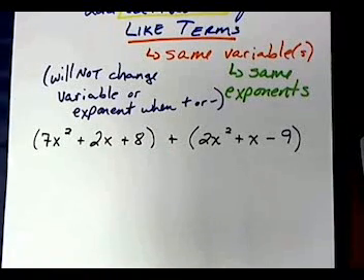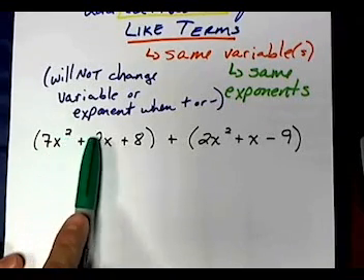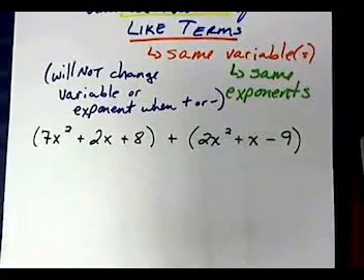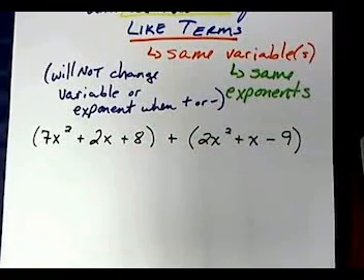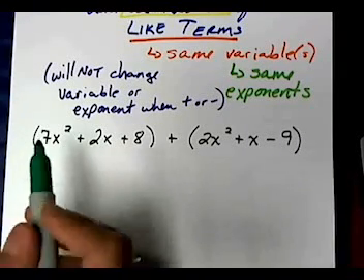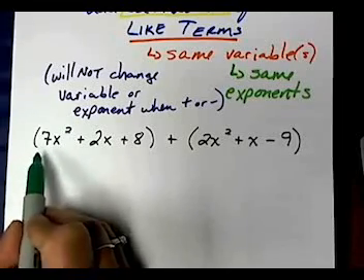So because I know my answer needs to be in standard form, which is the highest exponent first, what I do first is I scan all my exponents and look for the largest one. I see I have an x squared and an x squared. There's nothing higher than that. So x squared is my highest exponent, so that's going to be the first term. So now I go through and use different colors and different ways.